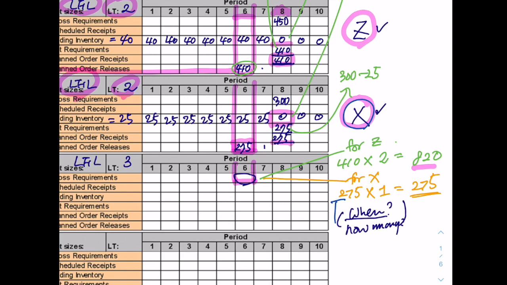So the number that must be entered here in week 6 is the sum of these two. If you add both of them, because the timing is the same, week 6, you will get 1095 T's you need. So the gross requirements on week 6 is given as 1095 here.